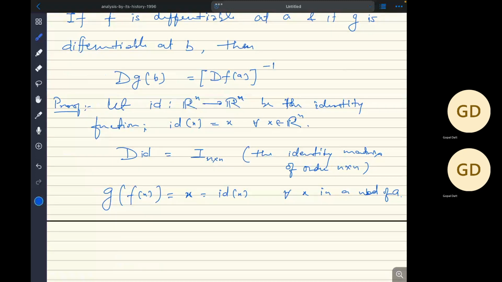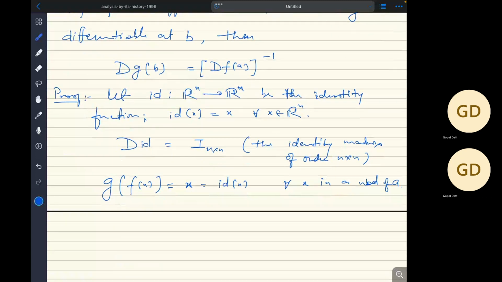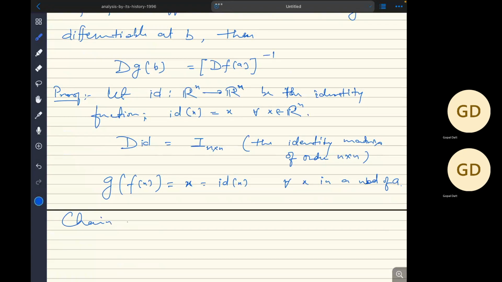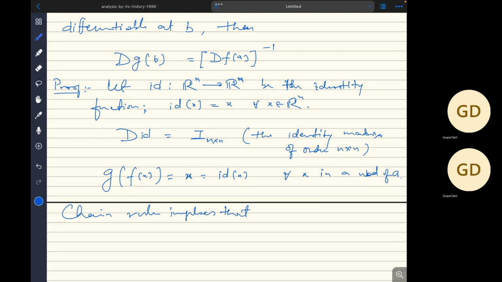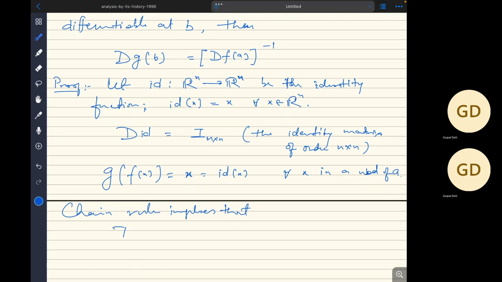Now we apply the chain rule. The chain rule implies that D of g of f at a is D of g at f a dot D of f at a.